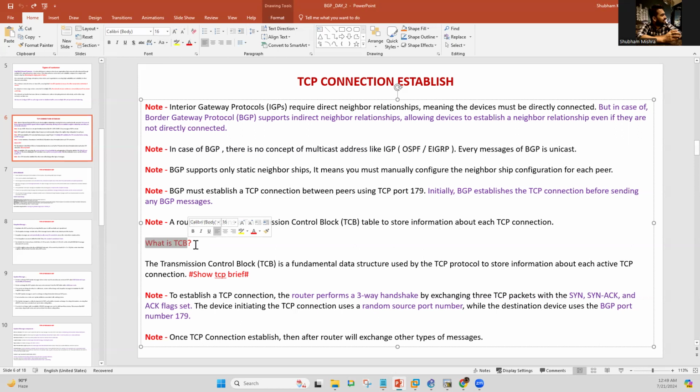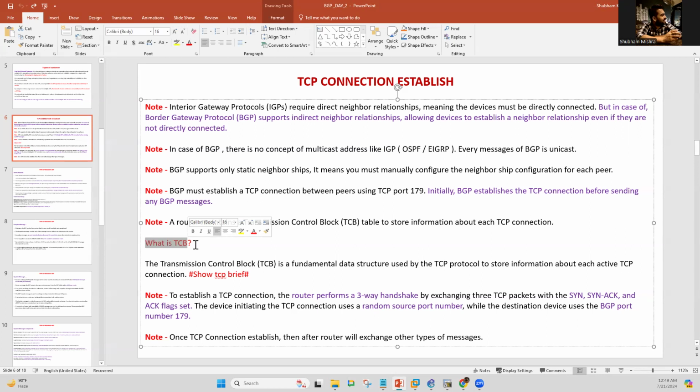In a BGP TCP connection, the router uses port number 179, but the device which initiates the TCP packet uses a random port number, and how that random port number is calculated, we already discussed in our previous video.